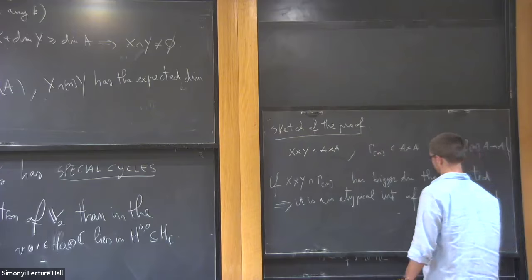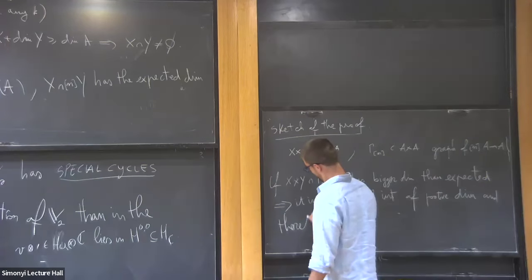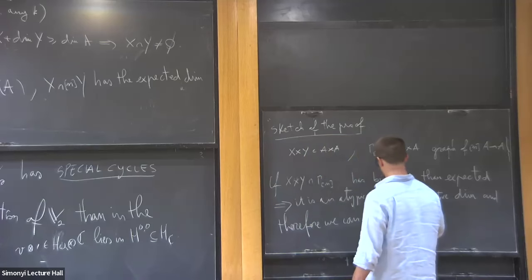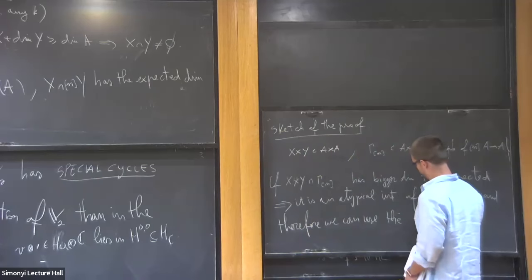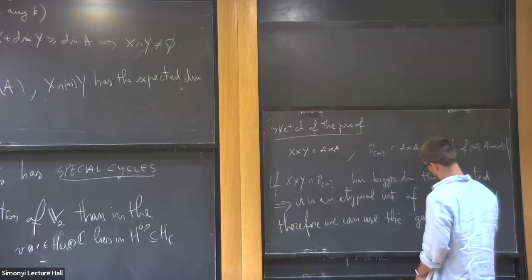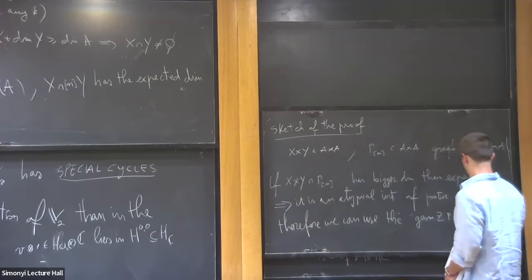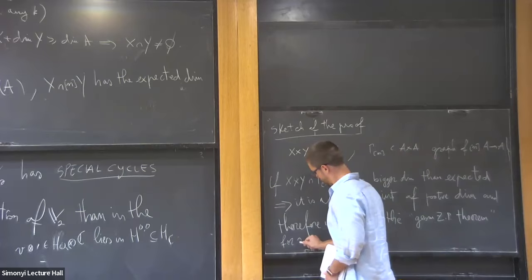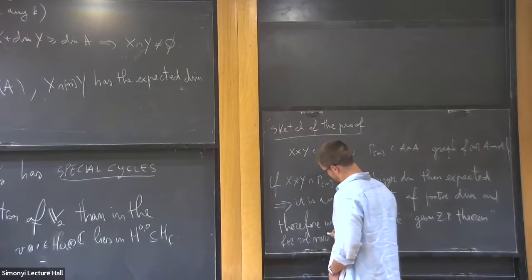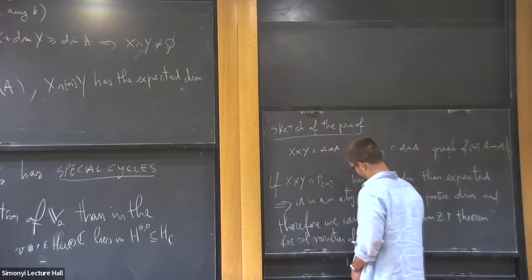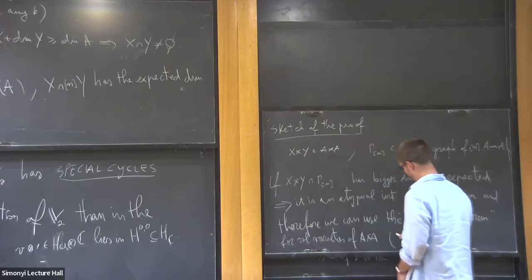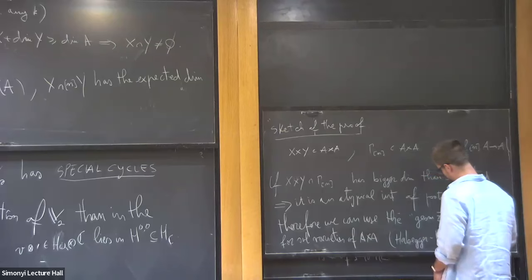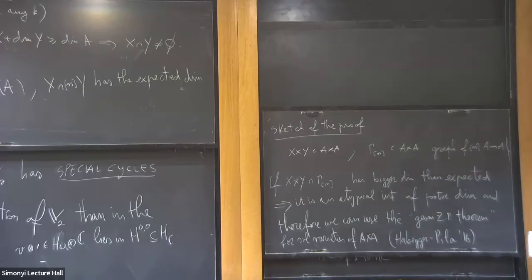And therefore, we can use this so-called geometric Zilber-Pink conjecture, well, theorem, for subvarieties of A cross A. This was actually done first by Habegger and Pila, 2016.